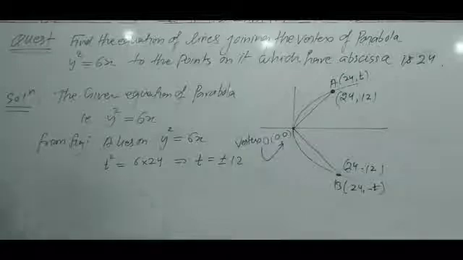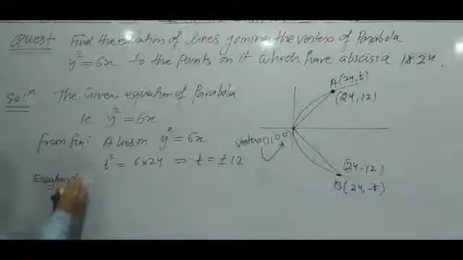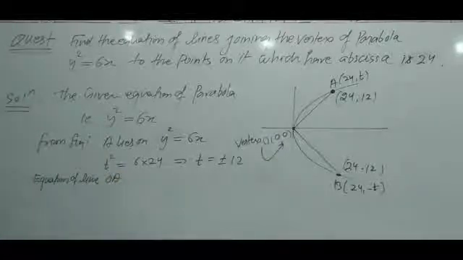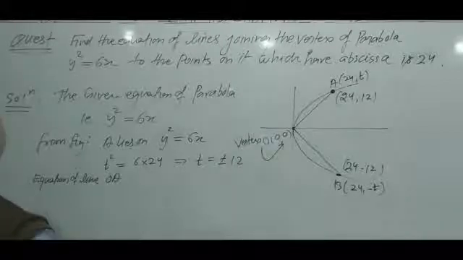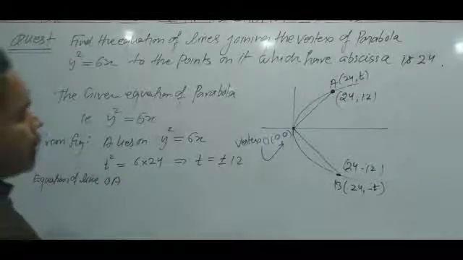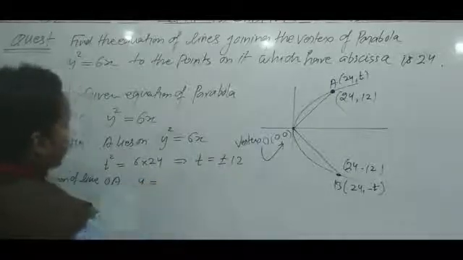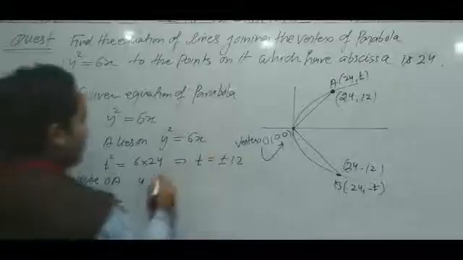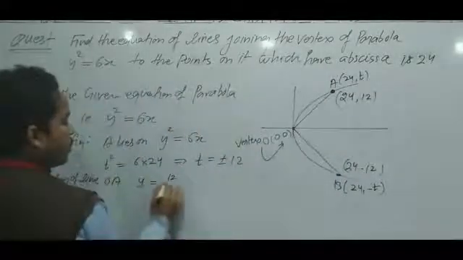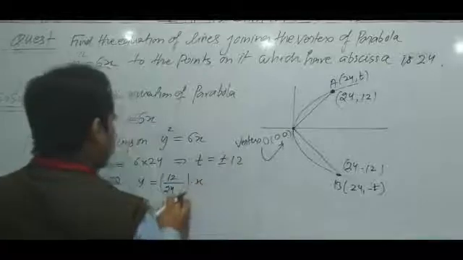Now see, equation of line OA. What can we write? y minus y1, that is 0, is equal to (y2 minus y1) upon (x2 minus x1) into (x minus 0), where y2 minus y1 is 12.